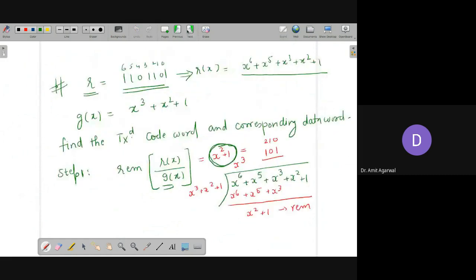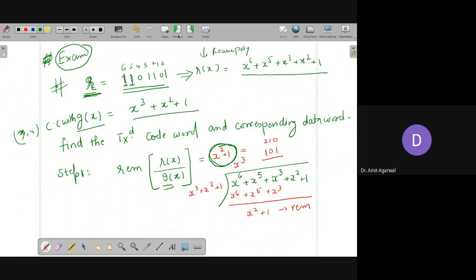So the steps are, if somebody asks in the exam, what is the code word corresponding to the received vector R? First we make the corresponding received polynomial. We know that we are using a (7,4) cyclic code with this generator polynomial.